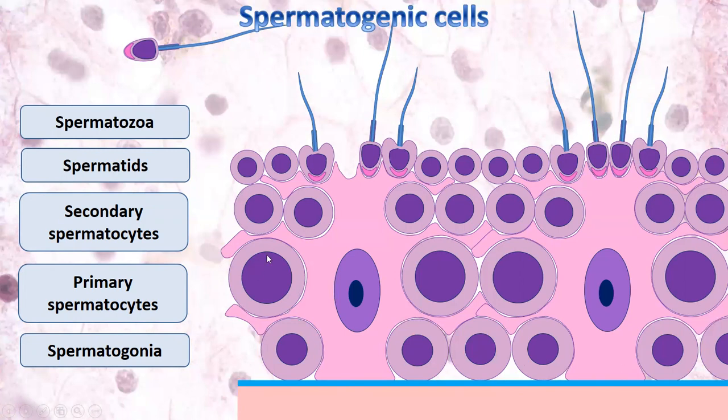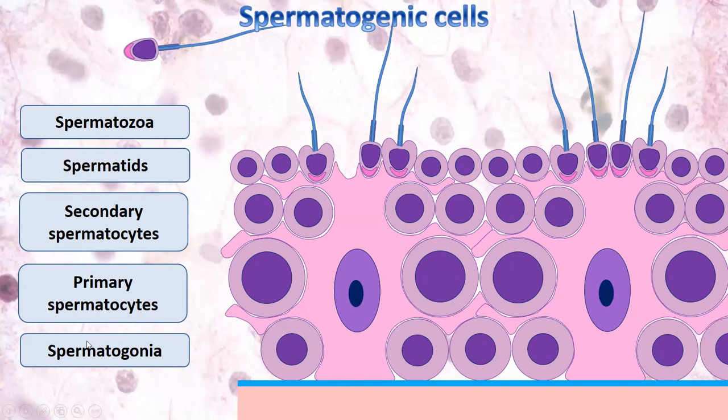Secondary spermatocytes are located above primary spermatocytes, and spermatids are located near the lumen. So during the development of spermatozoa, progenitors are moving from the basal part of the spermatogenic epithelium to the lumen, and there are the basal compartment and the adluminal compartment of the spermatogenic epithelium. All those stages of the cells have specific localization in the spermatogenic epithelium.